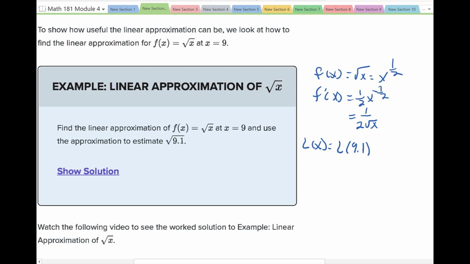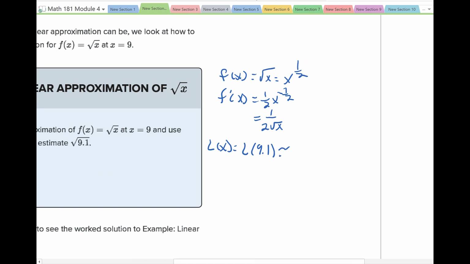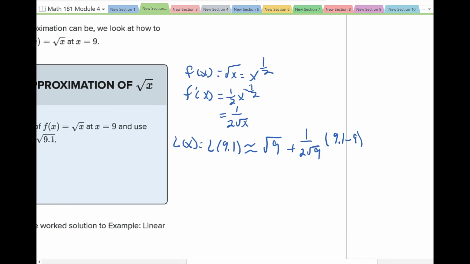That's going to be approximately the square root of 9, the value that we can find easily, plus 1 over 2 times the square root of 9, so that's plugging that in for the slope part, times the difference between the value we want, the 9.1, and the value we can easily find, the 9.